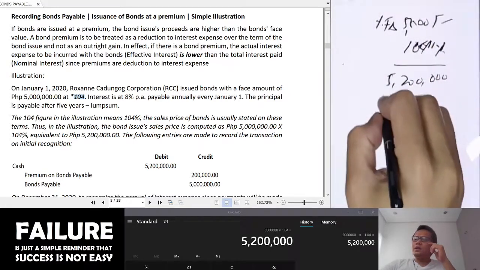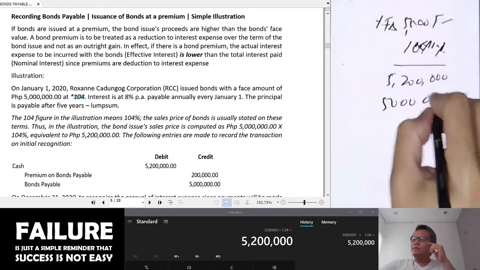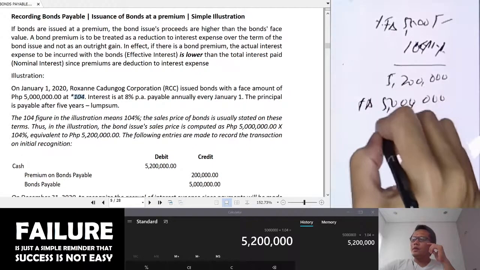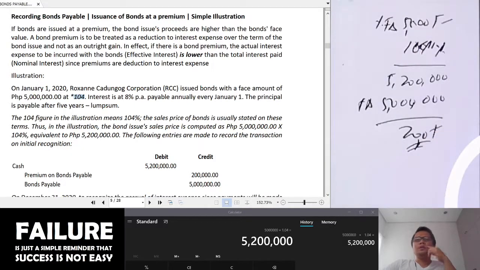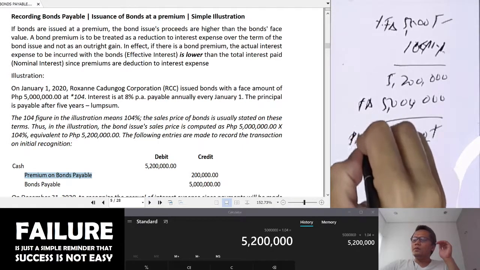So there is a difference of basically 200,000, diba? This 200,000 is your premium, diba? Premium on bonds payable. So again, there is a premium if the issue price is higher than the face amount. So this is your premium.